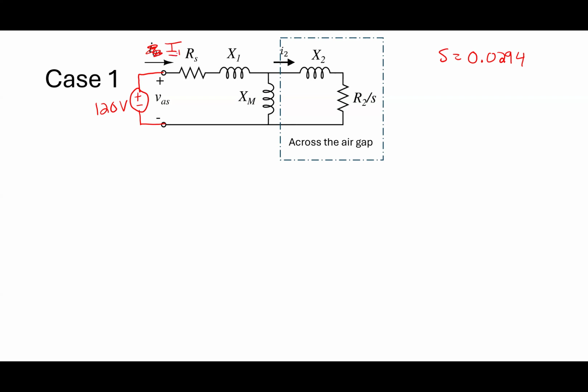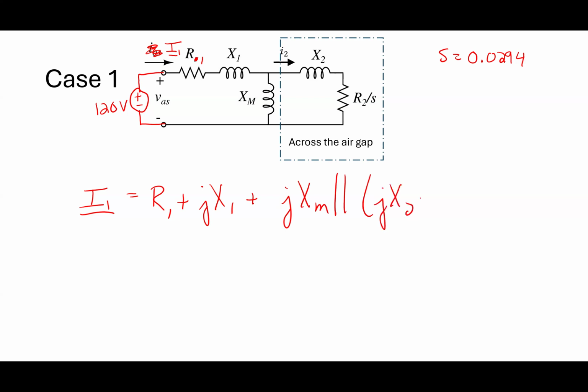How would I figure out I1 now? Let me call this R1 here. So R1 plus jX1 in series with R2 over S. And I've got to plug in the value of S. And I did one thing wrong there.